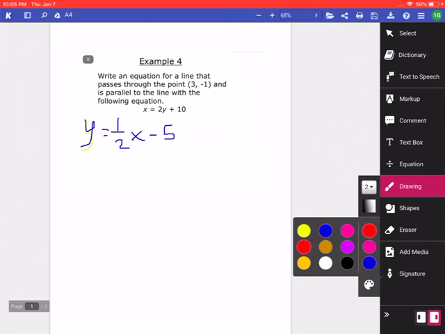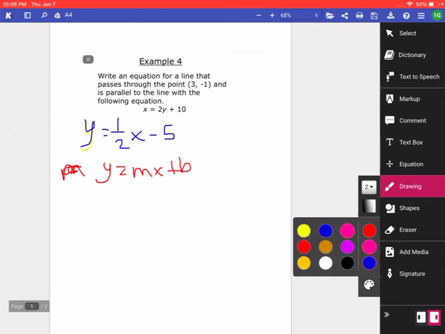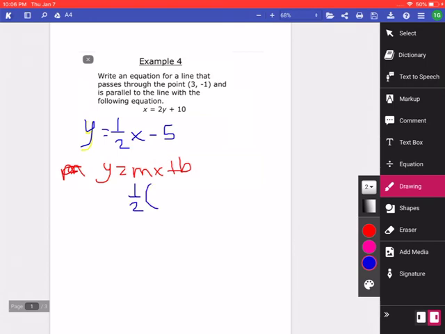So we're going to use y equals mx plus b, and we're going to use the information that we now have. We know that our slope is 1/2, and from our ordered pair up here, we see that 3 is our x and -1 is our y.